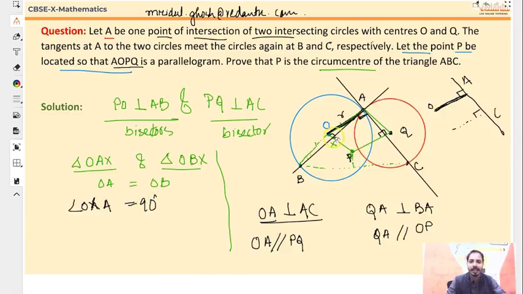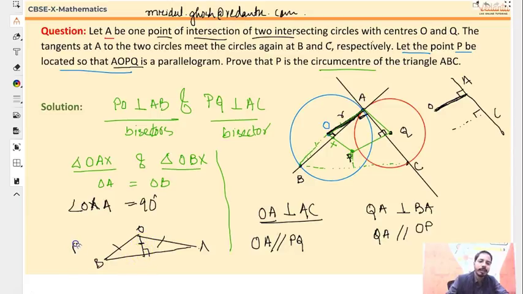So this is a right angle, and in this right angle we got one angle equal, the other angle also equal, so this is an isosceles triangle. This is O, this is B and this is A. So this side is equal to this side, this is 90 degrees, and this side is common.